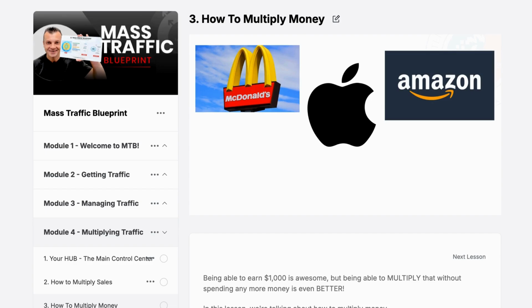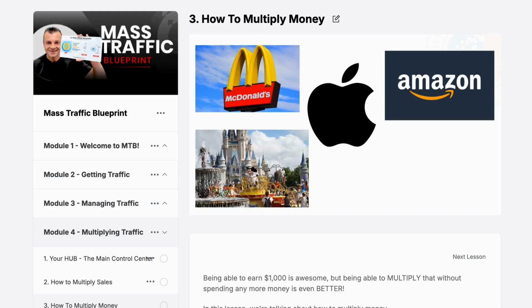I'm going to show you something that's very, very powerful. This is an effortless income multiplier strategy that I'm going to present to you. Again, not very complicated, but if you're not doing this in your business, you are leaving ridiculous amounts of money on the table. So Amazon is great at that.